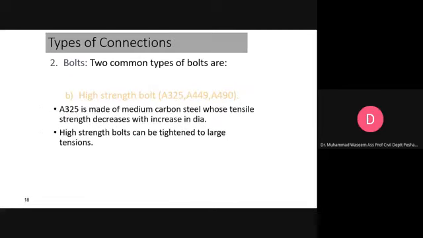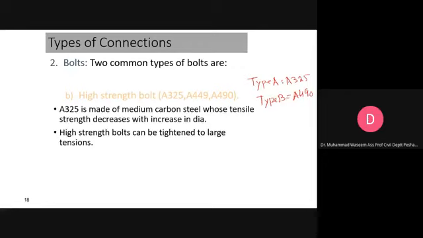High strength bolts, I told you, will be designated in some books or literature as type A and type B. Type A means A325, and type B is A490.